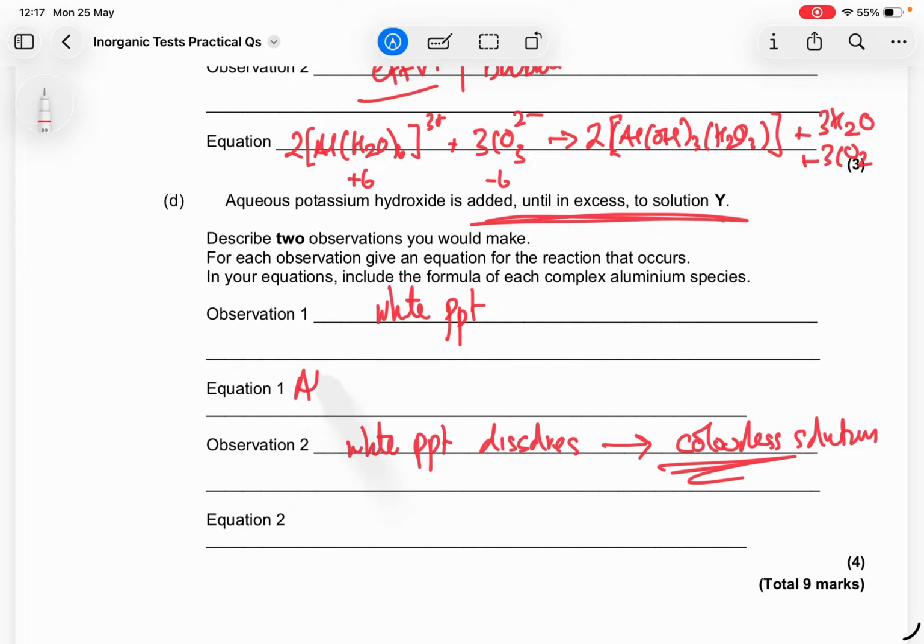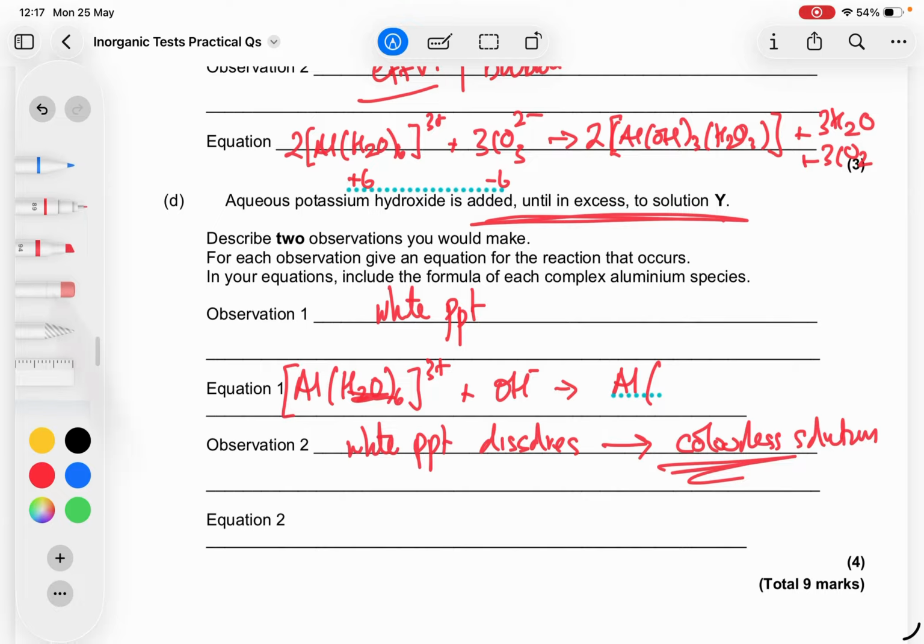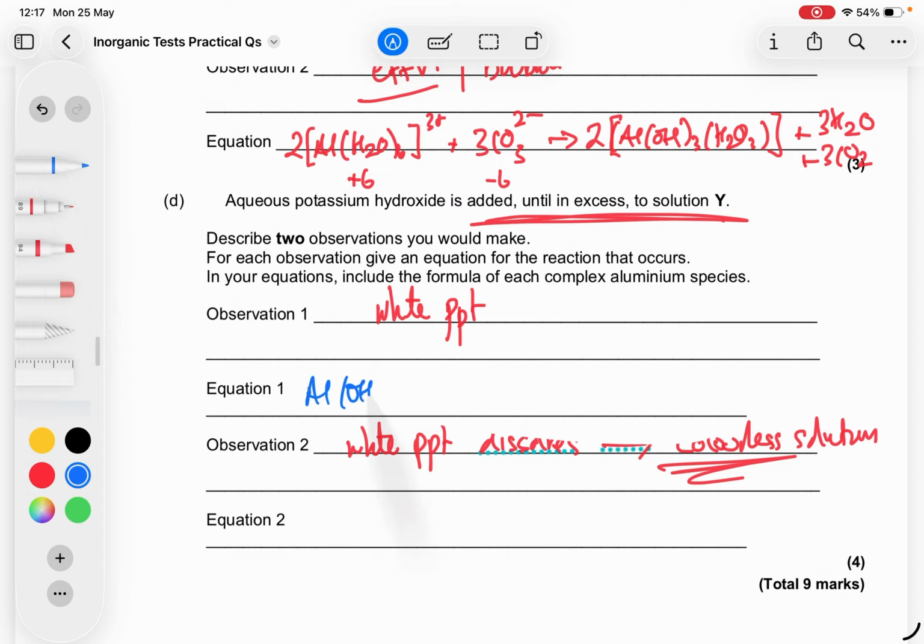So here I'll do the equation. Now there are several forms of the equation here. You could do it with 1 OH minus, which I prefer. Sorry, let me correct this because that's not correct. Because we are starting with the precipitate, I'm going to use hydroxide here.